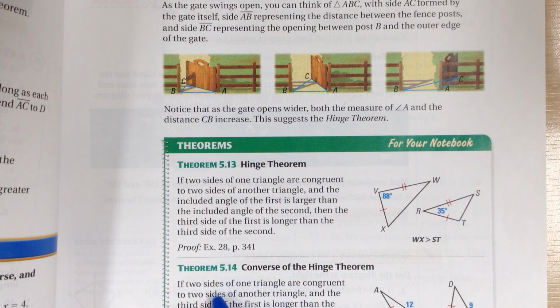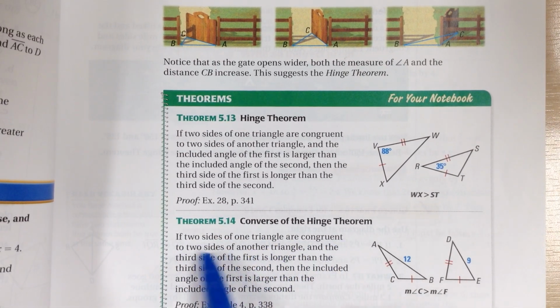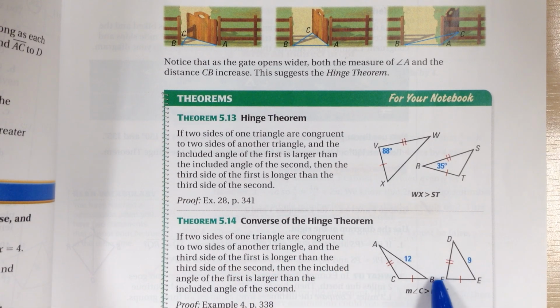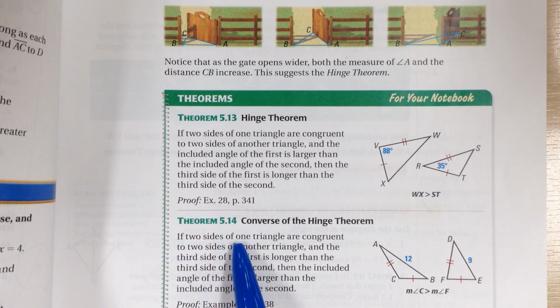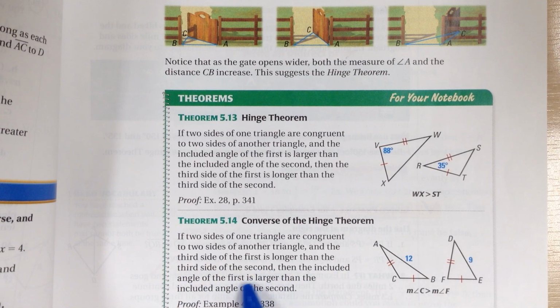Again, the converse: if two sides of one triangle are congruent to two sides of another triangle, and the third side of the first is longer than the third side of the second, then the included angle of the first is larger than the included angle of the second.